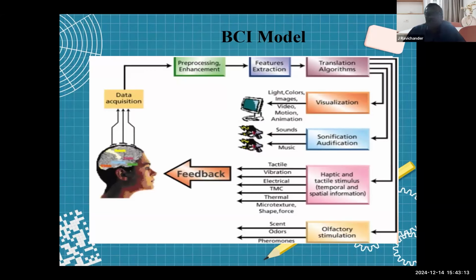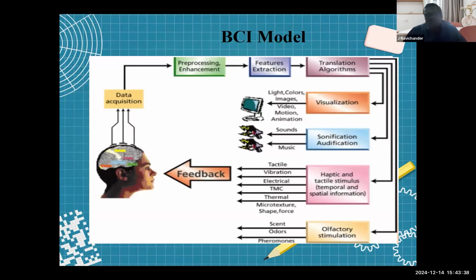The device is called EEG, electroencephalography. We can use some other devices also, but in our topic, we are using the EEG device. EEG stands for electroencephalography.